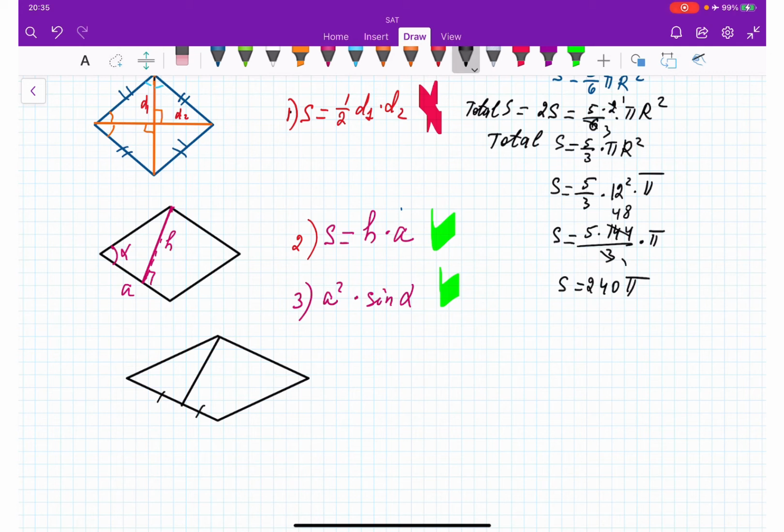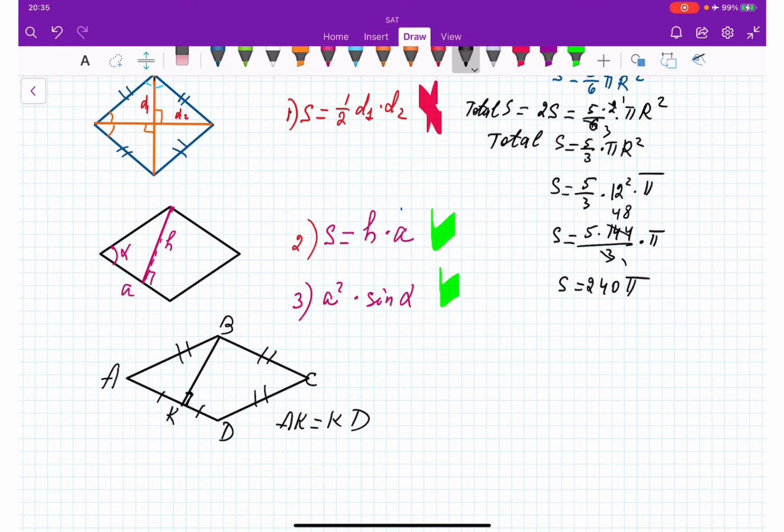So if we have A, B, C, D, and this is my K, then since this is 90 degrees, this is a height, right angle, I can insist that AK is equal to KD. At the same time, we know since we have a rhombus, our sides are equal, right? And AD is also equal.